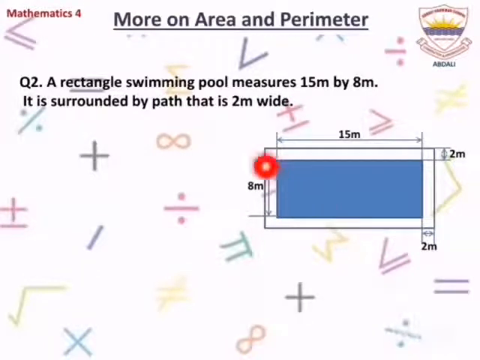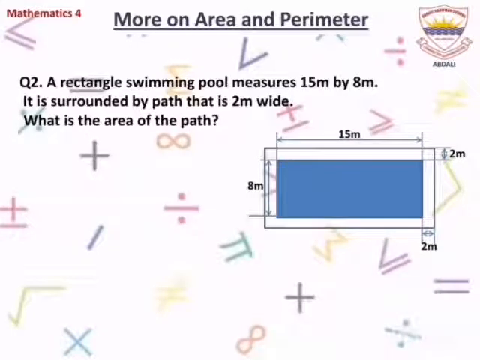Here the rectangular swimming pool is shown: its length is 15 meters and its breadth is 8 meters, and the path around it is 2 meters wide.